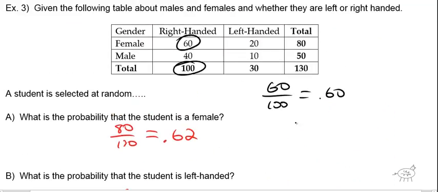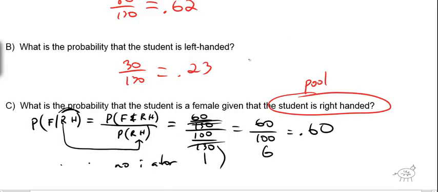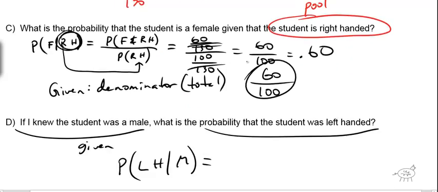Okay, so we have 50 males. I know there are 50 males, and how many are left-handed? 10. Okay, there we go. 10 over 50, which is 0.2. 1/5. It's really pretty easy.